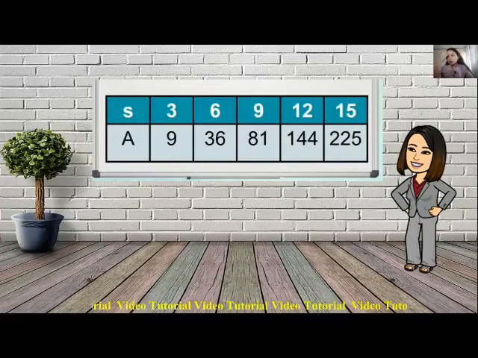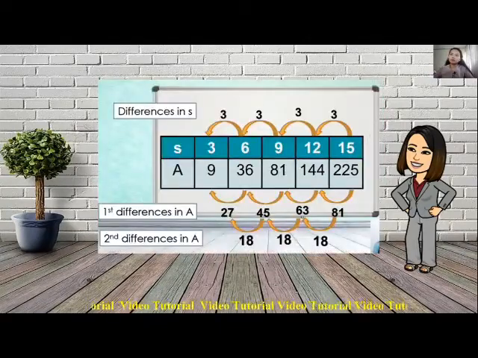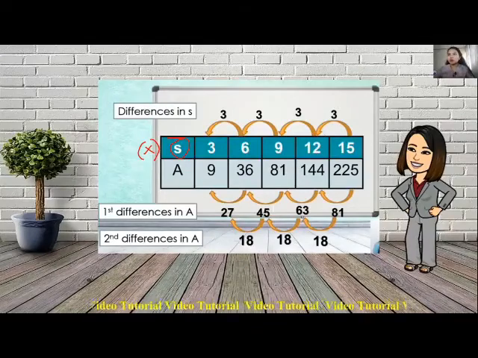So as you can see, we can establish a pattern using this table of values so that we can know that it represents a quadratic function. So this is the pattern. When we subtract from right to left, we will have the same differences in S, or the values of X. Let us check. 15 minus 12, it's 3.